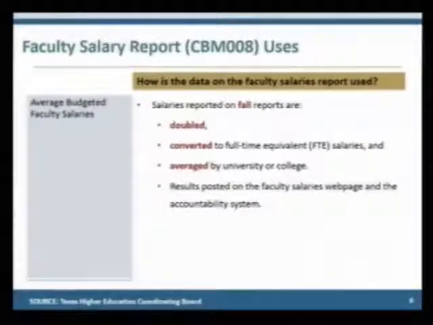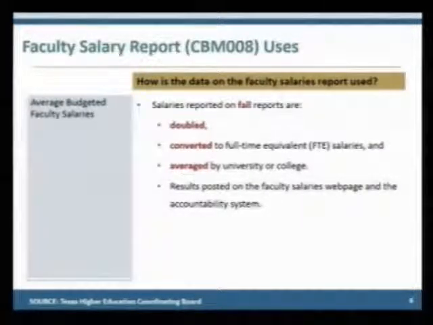So the question you always have to ask yourself is, how are we using the data that you're providing us? It is good to know that we are actually using it, because I realize it's a lot of work getting it to us. One of the things we use it for is the average budgeted faculty salaries, and this probably raises the most questions, so that's why I put it first. We're doing some things with the data that you give us that makes it a little bit difficult once we put that report out there for you to say, hey, this doesn't look exactly like the number that I gave them.